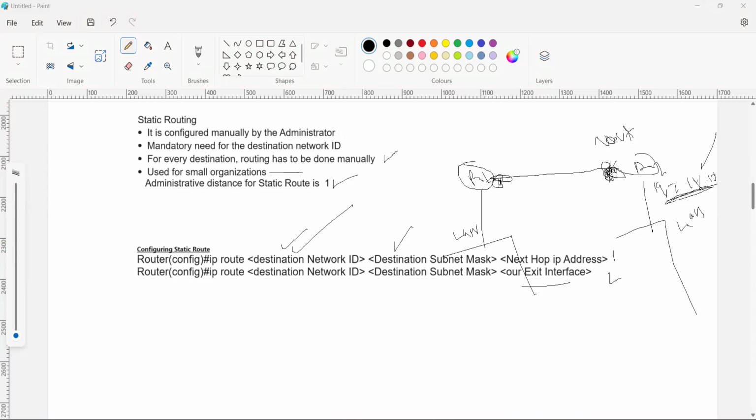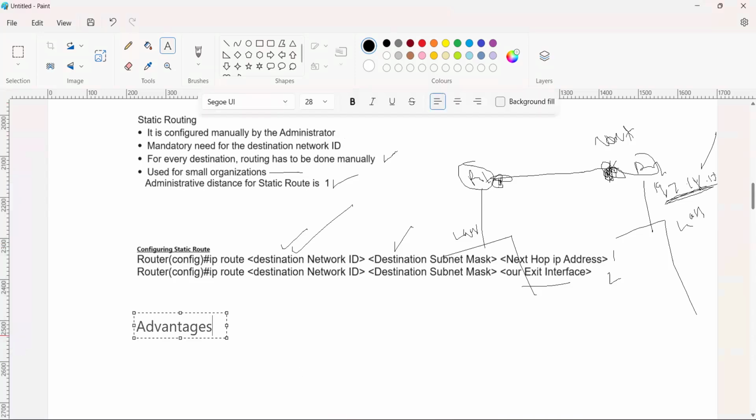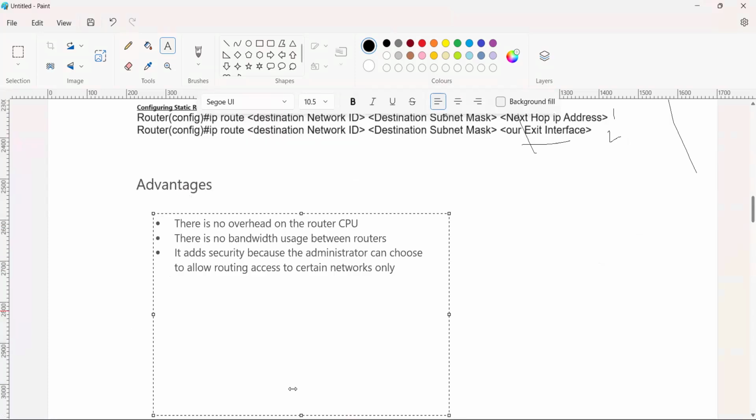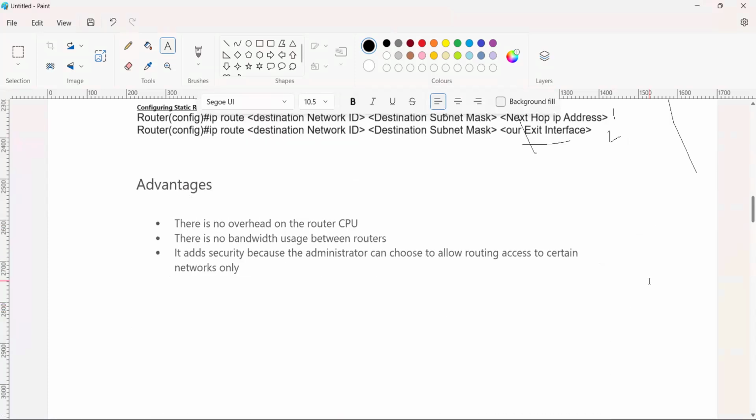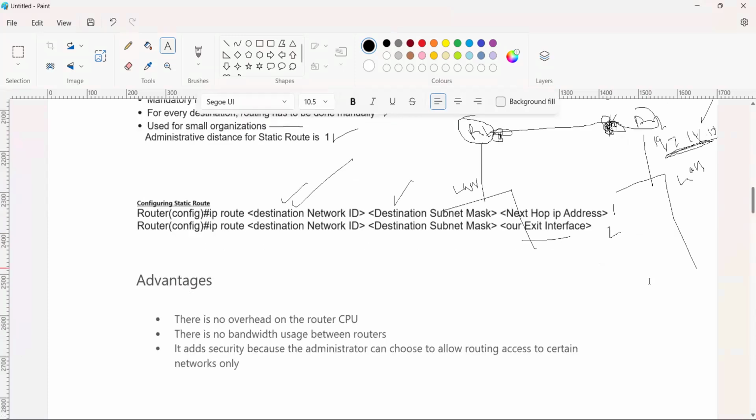Here are some advantages we have whenever we are configuring static routing. There is no overhead on the CPU because we are configuring the destination IP address. That is the reason CPU utilization is also very less, and there is no bandwidth usage between routers.